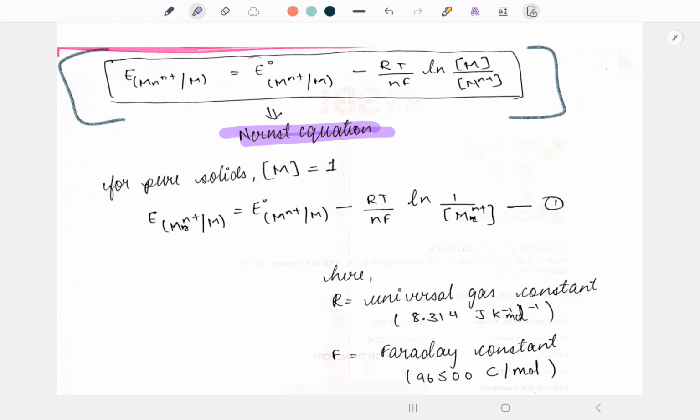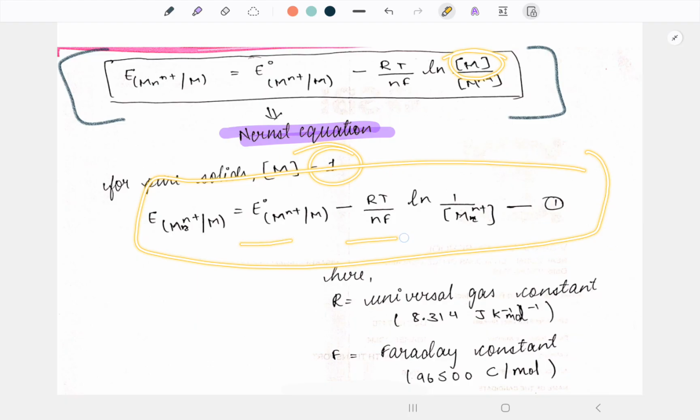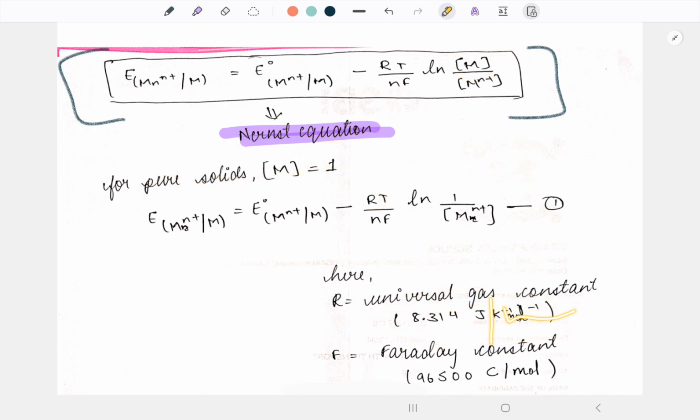And for pure solids, the activity of M is equal to 1. So the equation will become E0 minus RT by nF ln 1 by M^n+. Here R is the universal gas constant, which is 8.314 joule per kelvin per mole, and F is the Faraday constant, whose approximate value is 96,500.